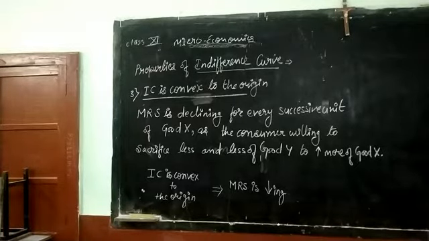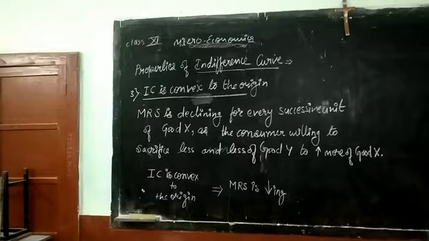The next property for indifference curve is the convexity of indifference curve. Our third property is that the indifference curve is convex to the origin. Why is there convexity of the indifference curve to the origin?